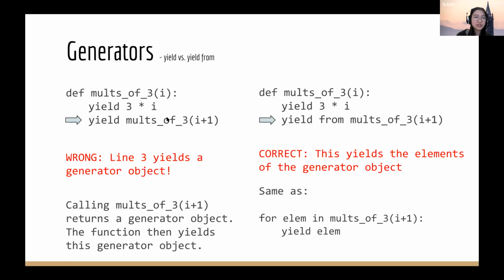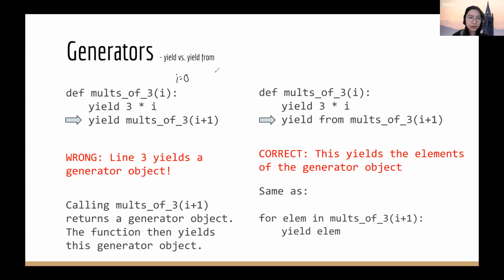Let's say we have this generator function yield mults of 3 and you want to yield multiples of 3 of some sort of number. So for example, if you pass in i is 0, you want to yield 0, 3, 6, 9, 12, etc. So here is something that would not really work because if we go through this code, if we have mults of 3 i, we'll yield 3 times i.